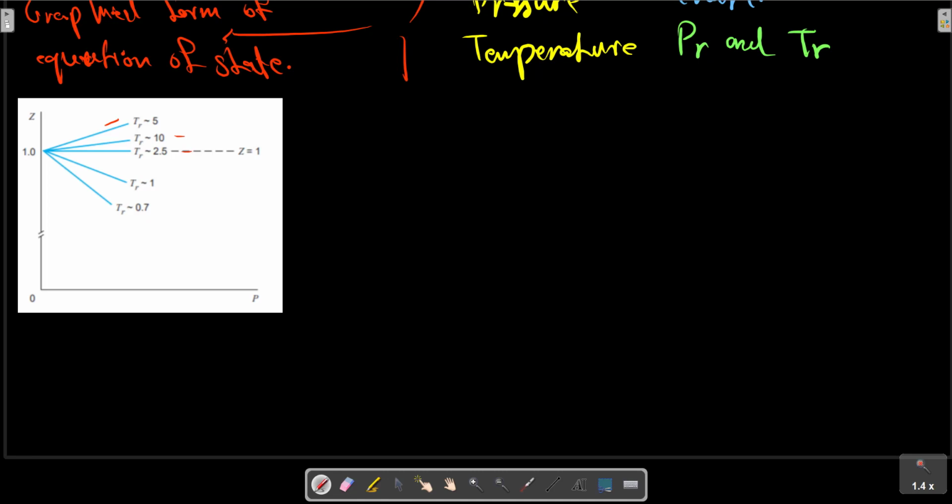Note that the slope increases as T_R increases.